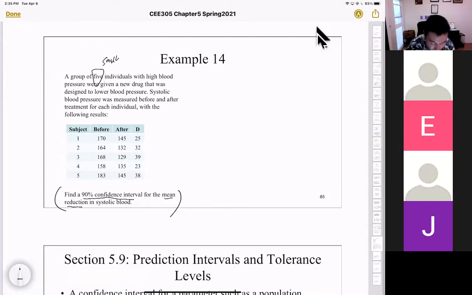Systolic blood pressure was measured before and after the drug. The result is shown here. For each individual, this is before and after, and we will see a table. This is the paired data.